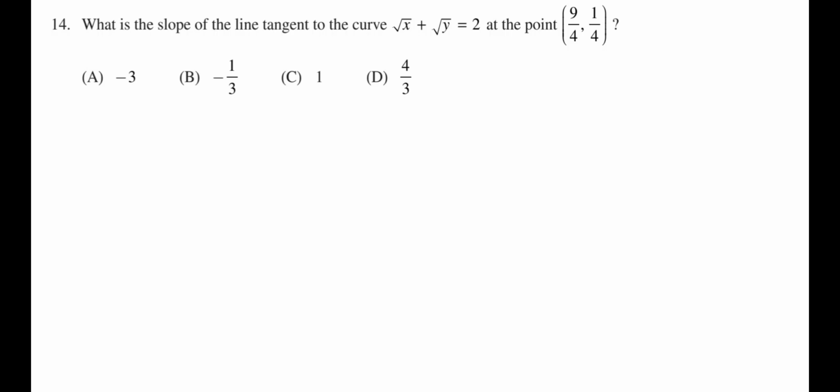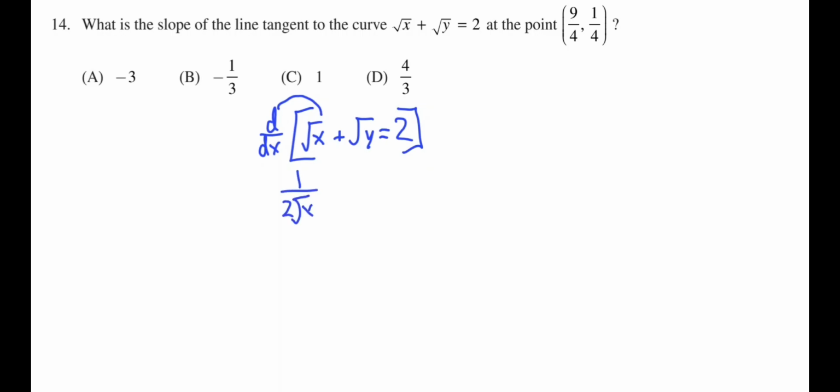We have the square root of x plus the square root of y is equal to 2. And now let's get the derivative for the entire implicitly written function. So the derivative of the square root of x with respect to x would be 1 over twice radical x using the power rule. And then the derivative of the square root of y. Now keep in mind that we're deriving with respect to x, and this has a y variable.